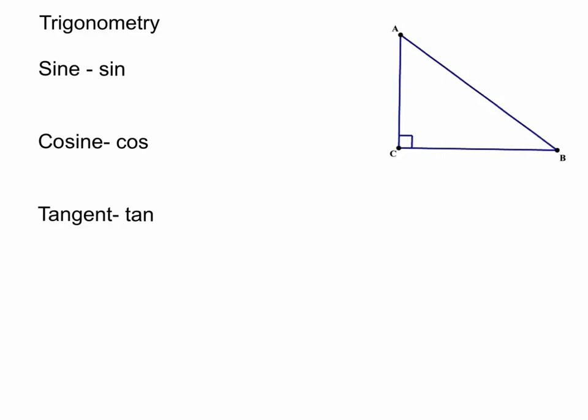As we went over yesterday, we're always taking the trig value of a specific angle. In this case, I'm going to work with angle B. I want to find the tangent of angle B, and we know that's equal to the opposite side over the adjacent side.